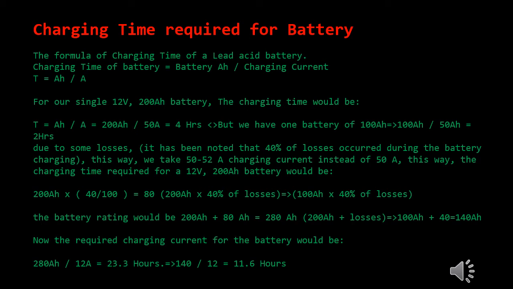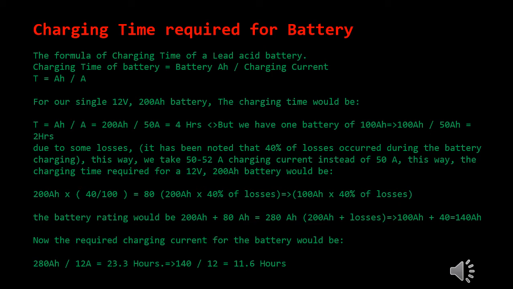Due to some losses, it has been noted that 40% loss occurs during battery charging. This way, we take 52 amps charging current instead of 50. The charging time required for a 12 volts 200 amps battery will be 200 amps per hour times 40 over 100, which is the loss that will occur during charging, which gives us 80 amps per hour.